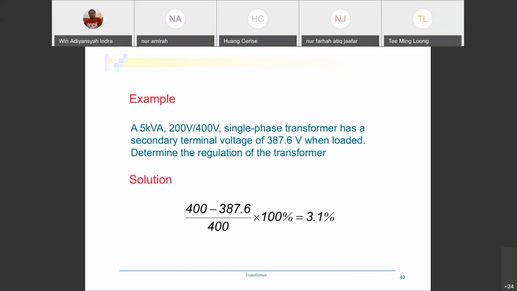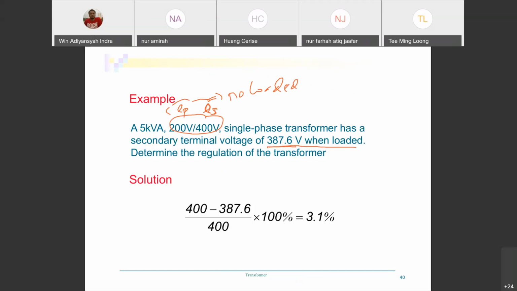Okay, so this one is EP, this is ES. So this is step up then. This one is the condition when there is no load. It is just mentioned that it is 387.6 when loaded.